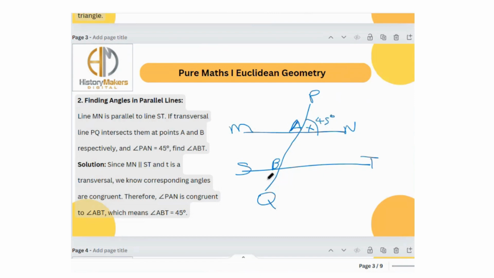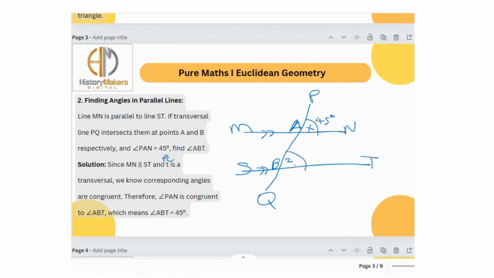And then they say find angle ABT. So you're looking for this particular angle. Okay. Now they continue to say since MN is parallel to ST, so this line is parallel to this line, and the transversal line is our line PQ in this instance.